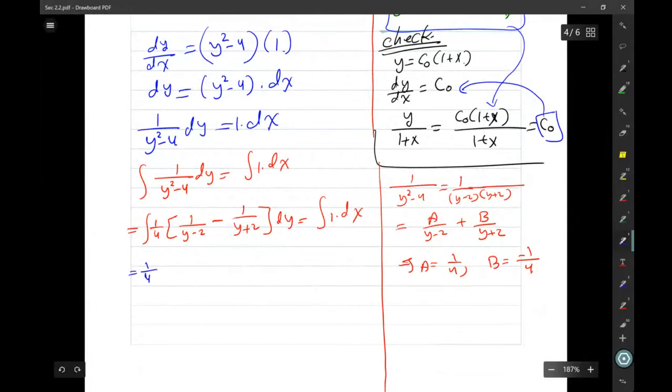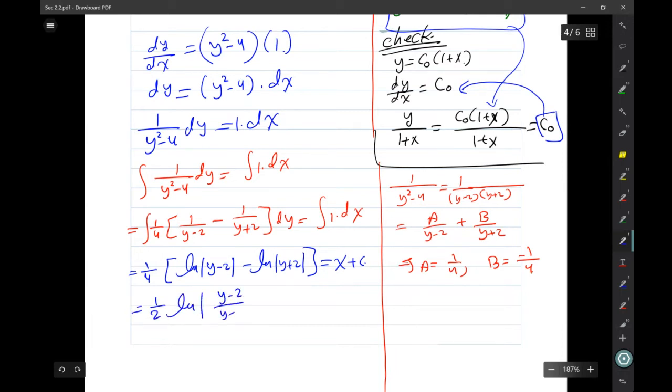which is equal to 1 by 4 times ln absolute y minus 2 minus ln absolute y plus 2, equal to the integral of 1, which gives us x plus c. So use the properties of ln: 1 by 4 times ln absolute y minus 2 over y plus 2 is equal to x plus c.